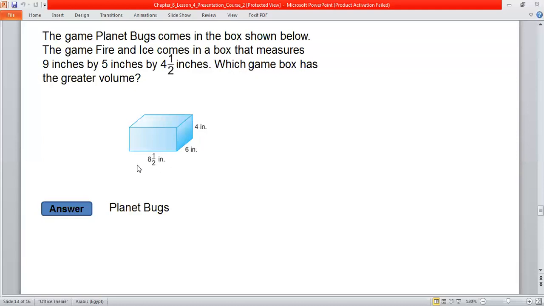I will multiply the three together, and I will multiply the other three together, right? Find the volume of this and the volume of the other, and tell me which one is the greater one. So we will multiply the three dimensions together. It equals 204. The drawn or the written? The drawn. The drawn is 204.